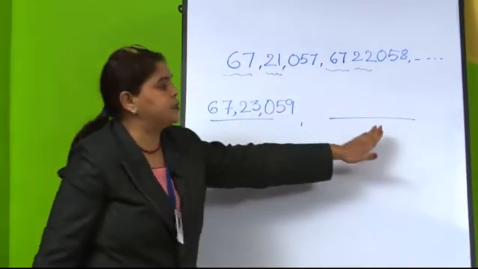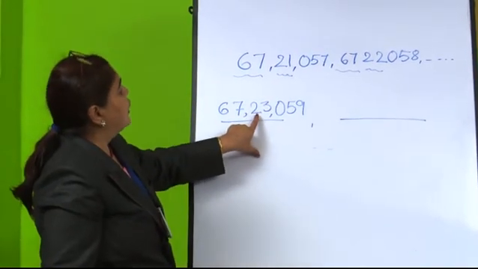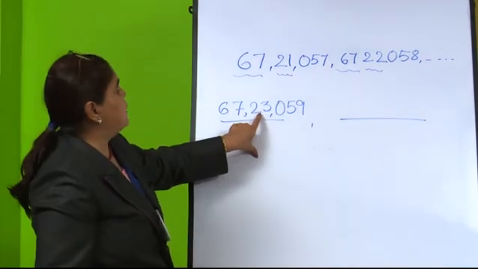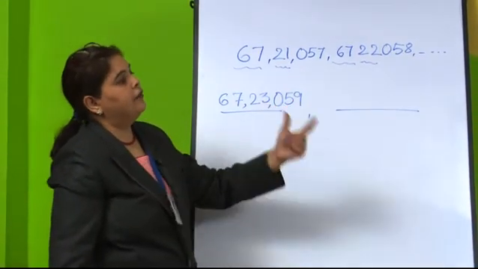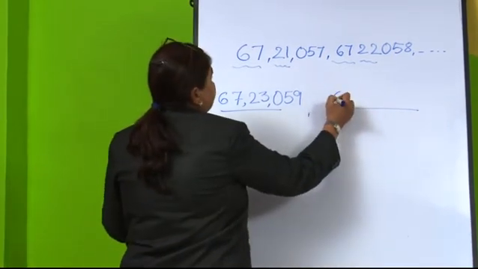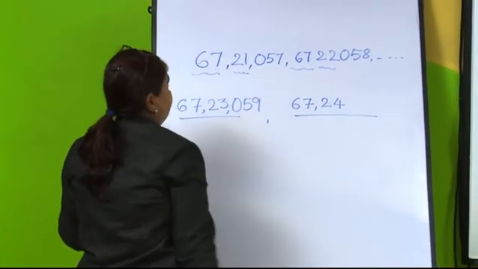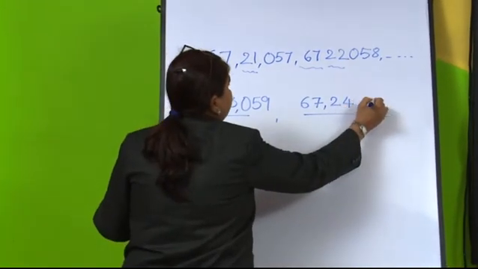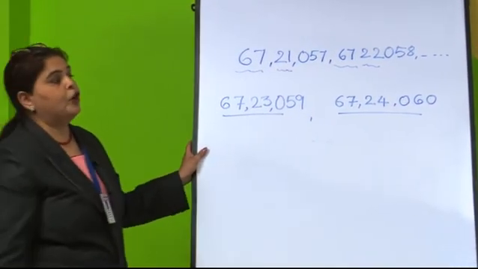What will be the next one? Here the place of thousands will be changed, that will be 24,000. In the place of 59 there will be 60. I will complete this: 67,24,060. This is the pattern we have to complete.